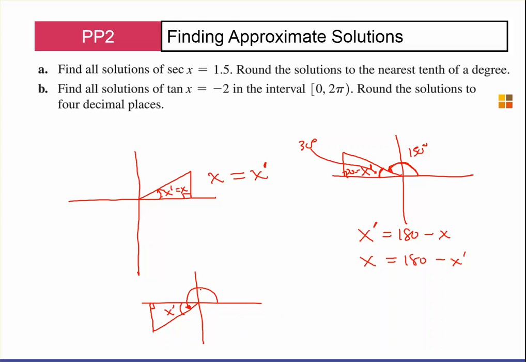Yes. And am I just adding x prime to that angle? The angle that I want is going to be 180 this time plus my reference angle. So if the reference angle is 30, the full angle is really 210.